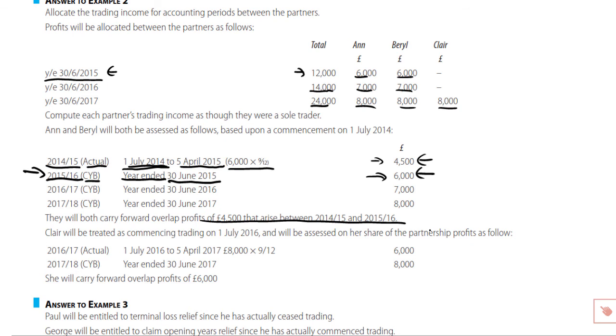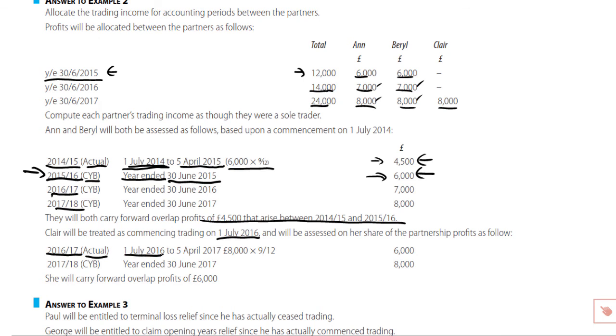We then continue with CYB, year ended 30th of June 16, assessed in 16/17, year ended June 17, assessed in 17/18, and pick up the respective profits of £7,000 and £8,000 each there. Claire, to finish it off, she started on the 1st of July 16. That was her start date, meaning, as we said, 16/17 was her first tax year.